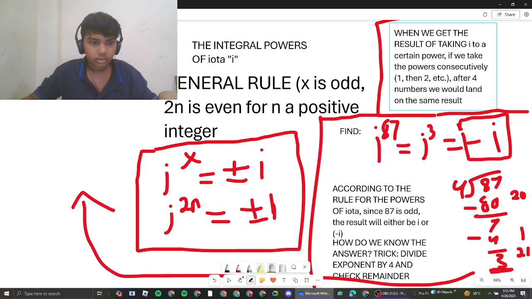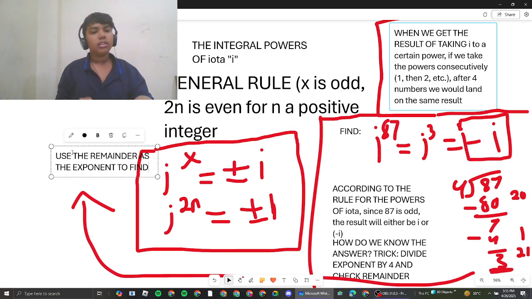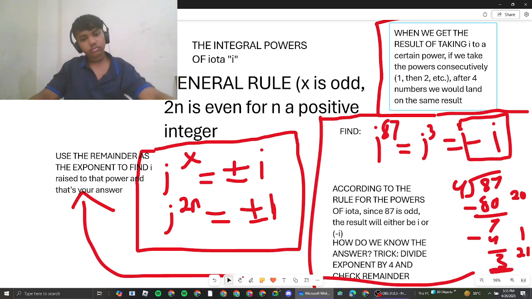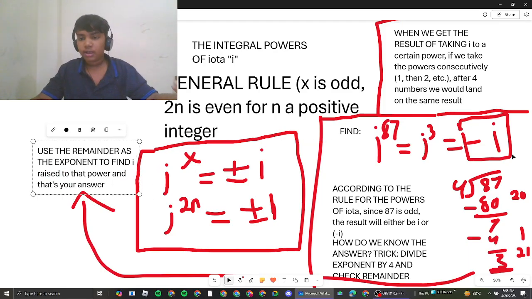Use the remainder as the exponent to find this power, and that's your answer. Bam. Okay, so just remember all these points. Now you can try to practice on your own. Just find some powers with this rule. And that's it.